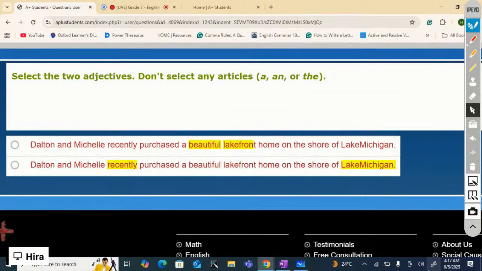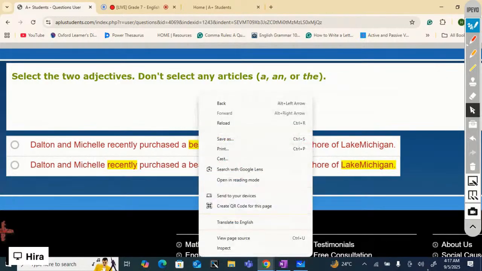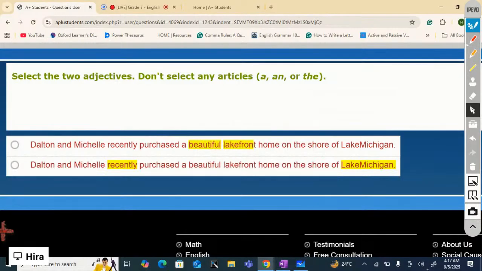Well, if you look at the first option, Dalton and Michelle recently purchased a beautiful lakefront home. So the noun is home. What kind of home is it? First, it is beautiful. Second, it is lakefront.